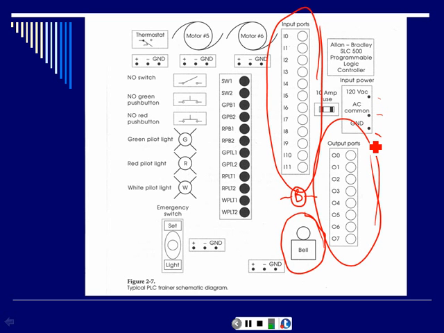Where it says I/something, that's an input. At the bottom, you're going to see O's, that's an output. And all that is, with those circles, all that is are these screws. So if you were actually going to wire this, you would back out this screw, run a wire underneath it, tighten the screw back down. And that's where you'd put your push button.